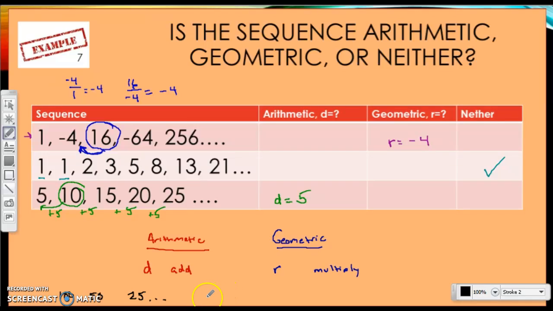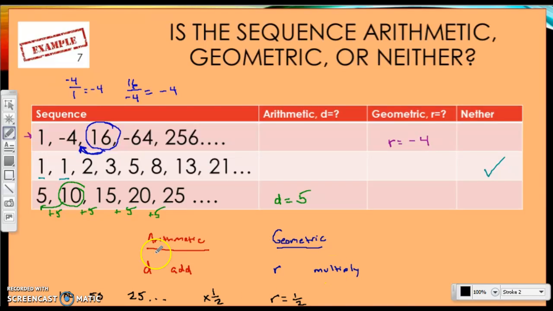So even though I am multiplying by 1/2, it's still geometric. Some people think, well, these numbers are going down, so I can't be multiplying by anything. But we are. We're multiplying by a fraction. And so that fraction is going to make that number go down, but it's still geometric, and it's still a common ratio of 1/2. I hope that helps.